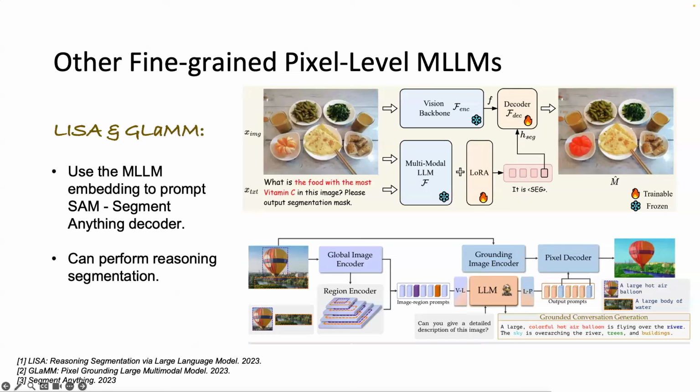With the large language model outputs, you can have those embeddings, and these embeddings can be effortlessly combined with the SAM decoder. You can think of it as a prompt from the large language model. Compared to just visual prompts, this prompt possibly has more reasoning because it combines with the large language model. So these two models are also able to perform some reasoning segmentation.